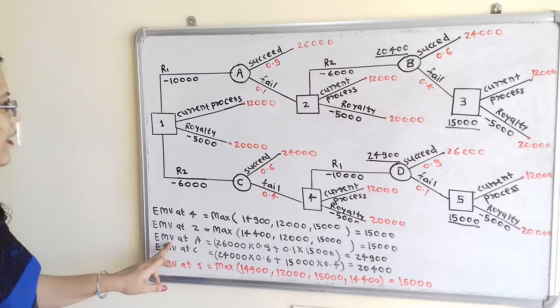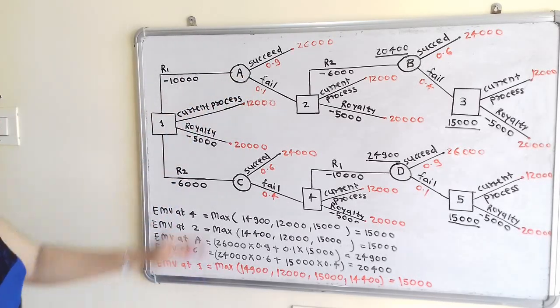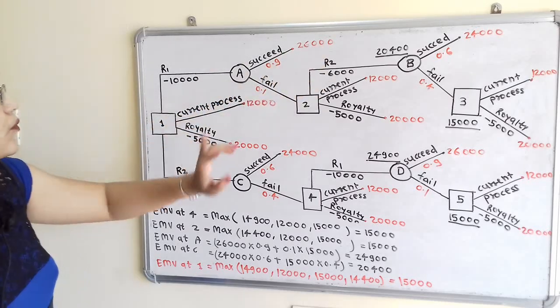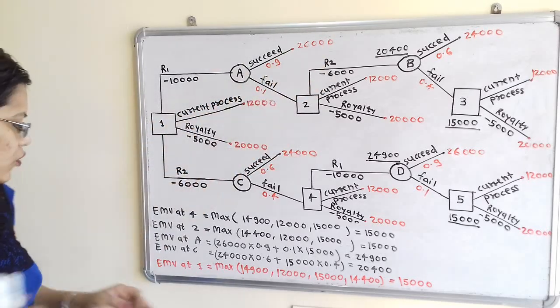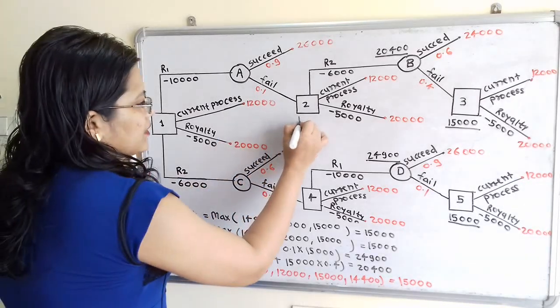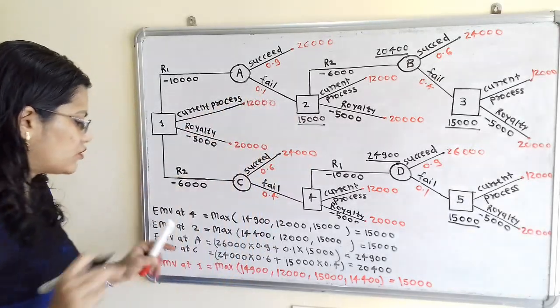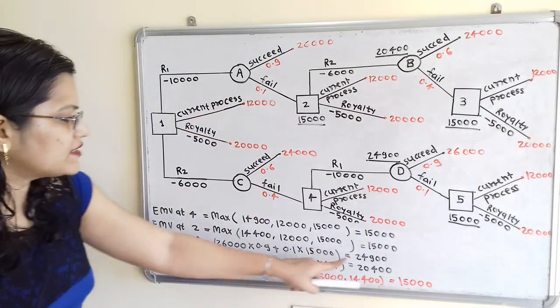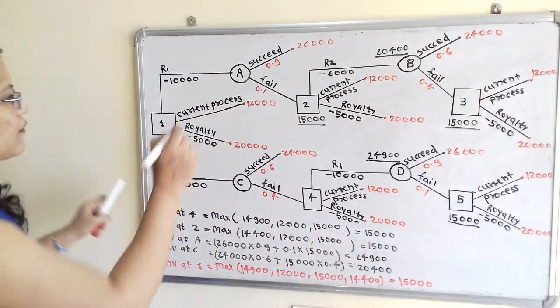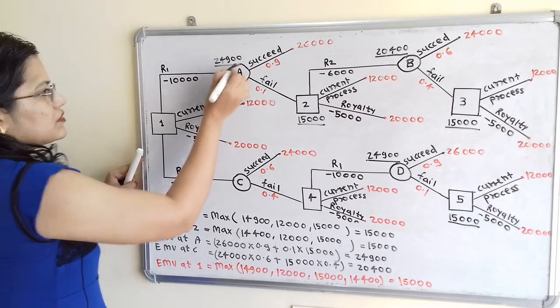We have to find the expected monetary value at node A. That is 26,000 into 0.9 plus, now at node 2 the value is 15,000, so 15,000 into 0.1. So its value is 24,900. So we have to mention this.